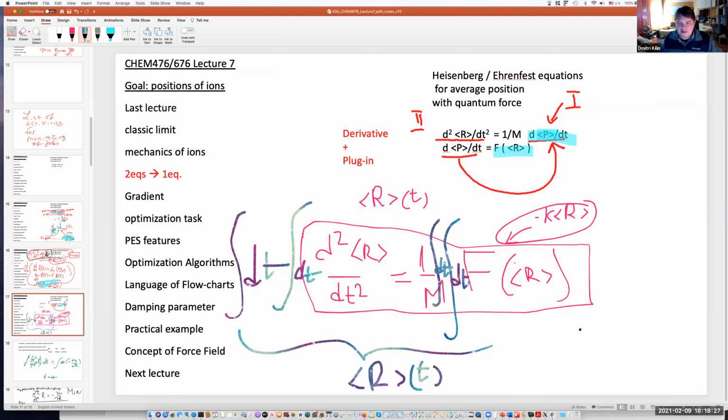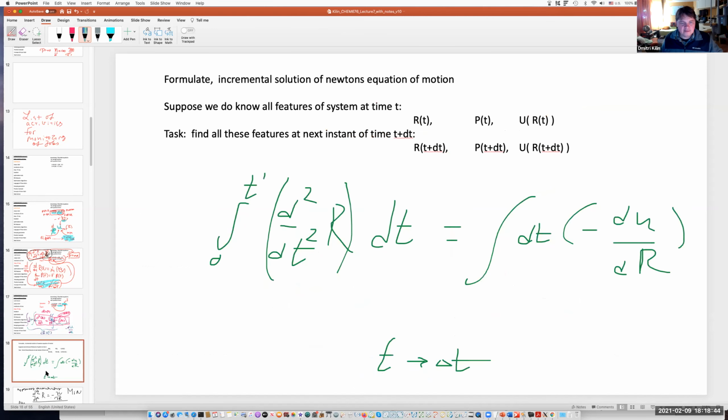So the force is the derivative of the potential energy surface over the position of the ion. So in the next slide, I just apply the first integral to the left and right parts of this Newton equation.